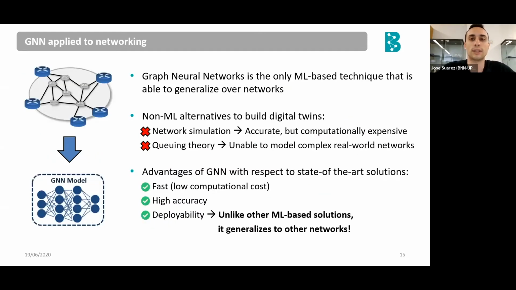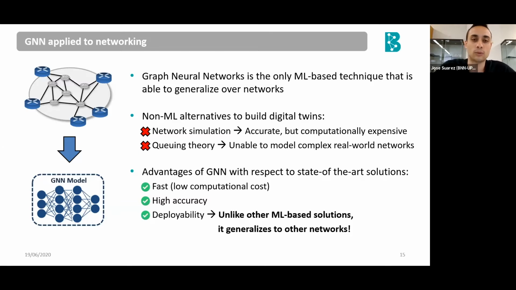So in this context, graph neural networks were the only machine learning based technique that demonstrated capability to generalize to other networks. So we can train this in a networking lab and then deploy this in a real world network.